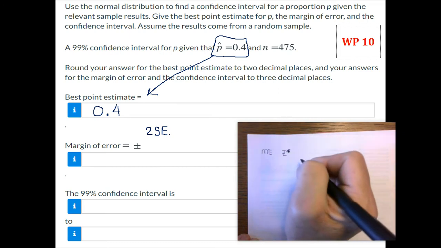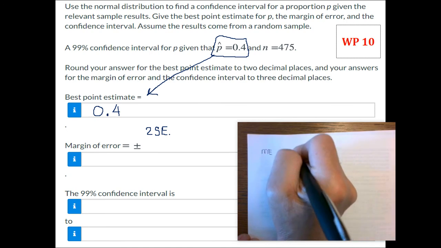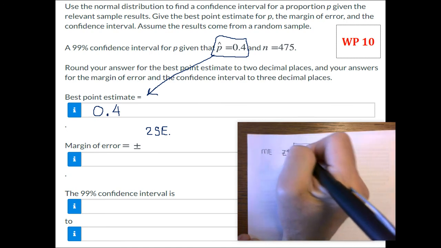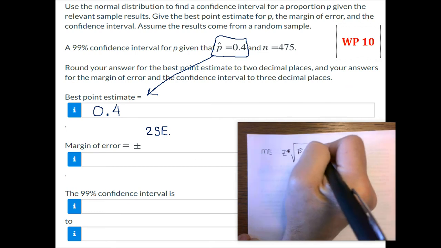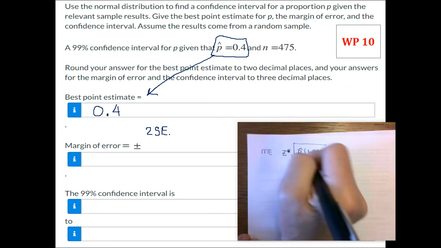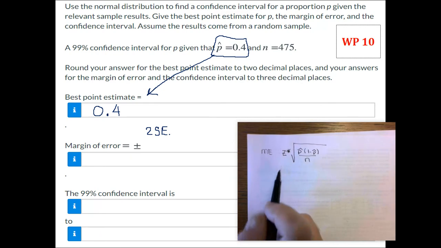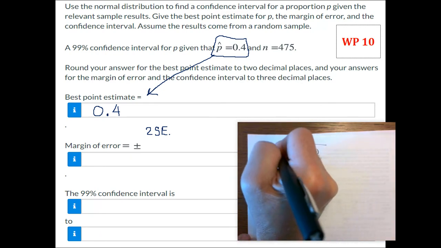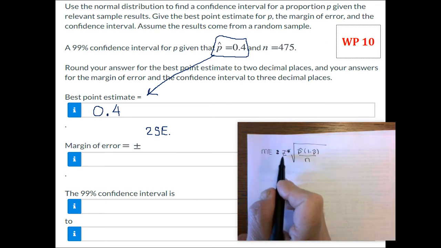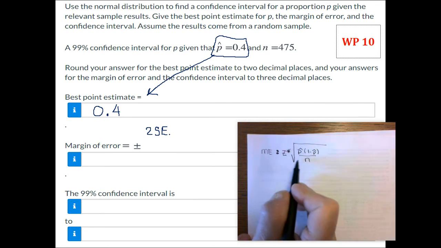This will be much more accurate. Multiplied by the root of p hat times 1 minus p hat, and we're dividing that by n. Again, we are replacing 2 standard errors with the margin of error being equal to Z star times the root of p hat times 1 minus p hat divided by n.